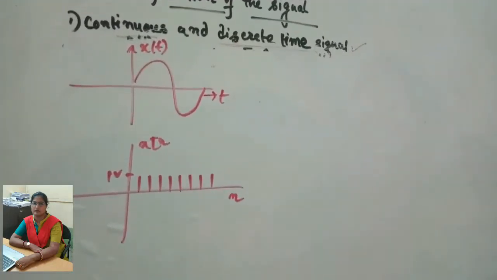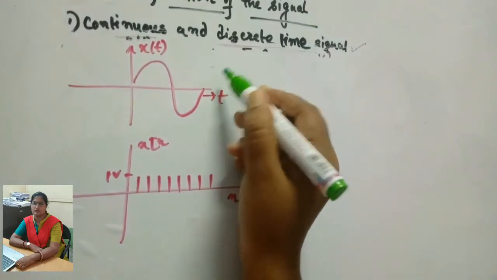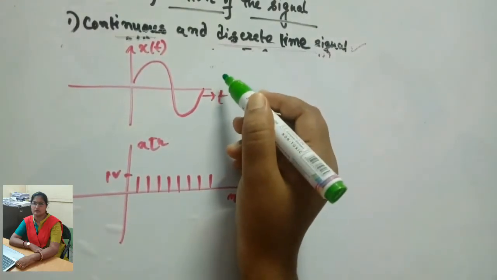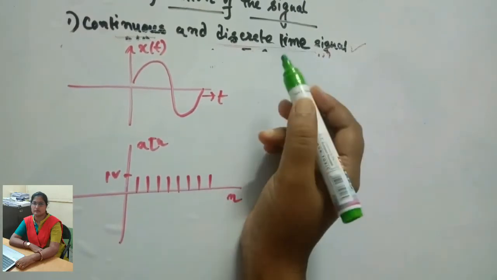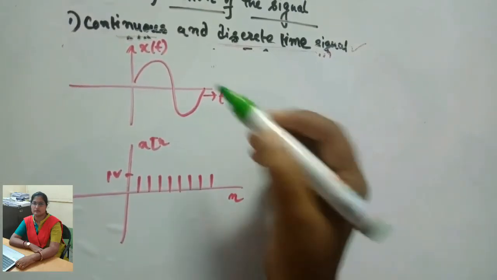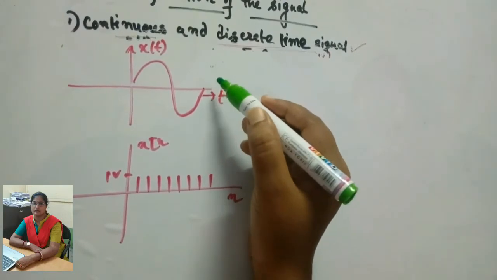Now if we want to convert a continuous time signal into a discrete time signal, we have to perform the sampling process. Sampling is nothing but multiplication with a pulse train. For example, if you have this signal x(t) and you have to convert it into a discrete time signal, just multiply this continuous signal with the pulse train.